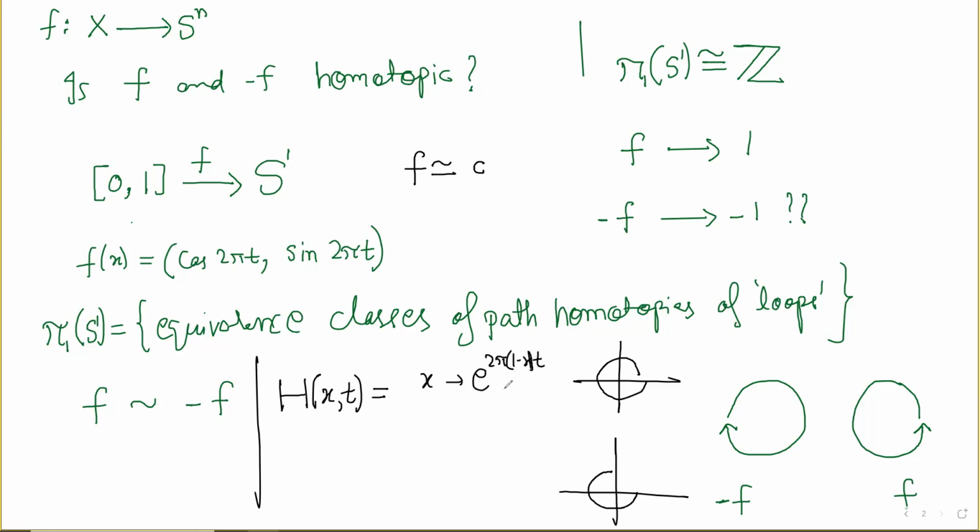This works. This does it. So I'll just write it properly. x going to e to the 2 pi i (1 minus x) t. This is fine.